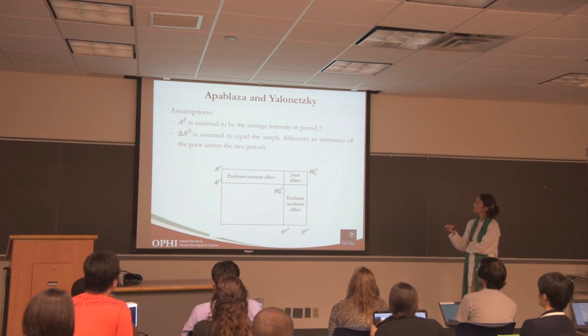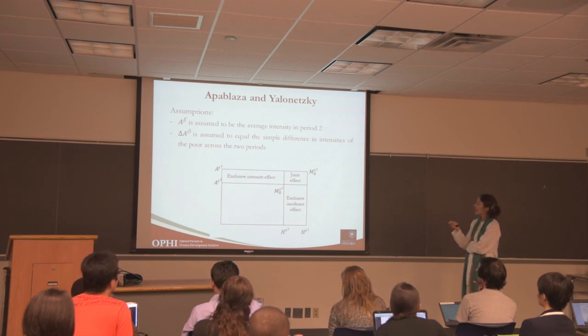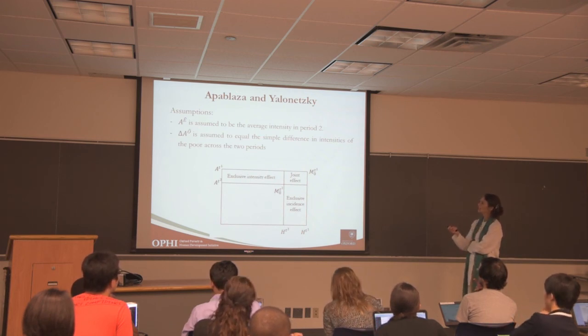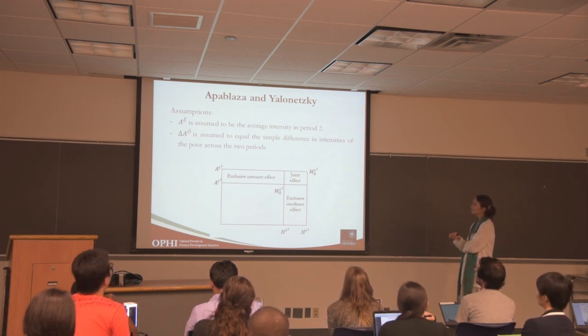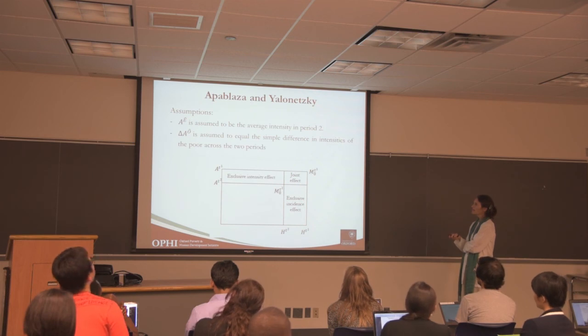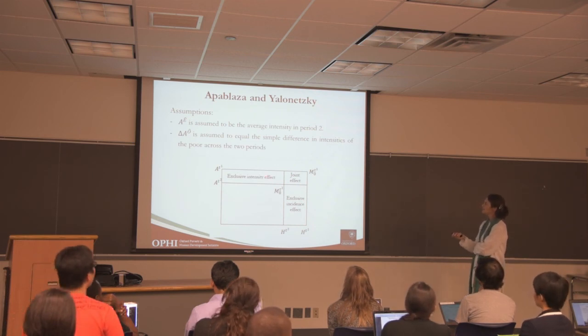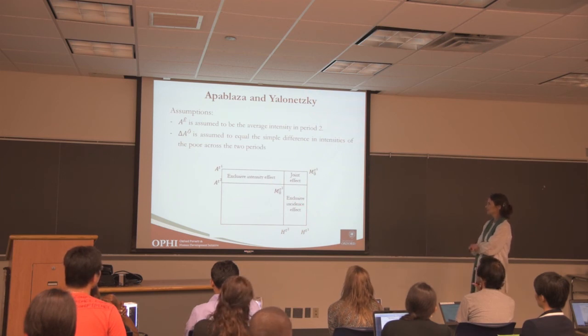Okay? So that's their assumption. And the change in intensity among the originally poor was a simple difference in intensity between the two periods. And according to that, then they're able to decompose into an exclusive intensity effect, exclusive incidence effect, and a joint effect.